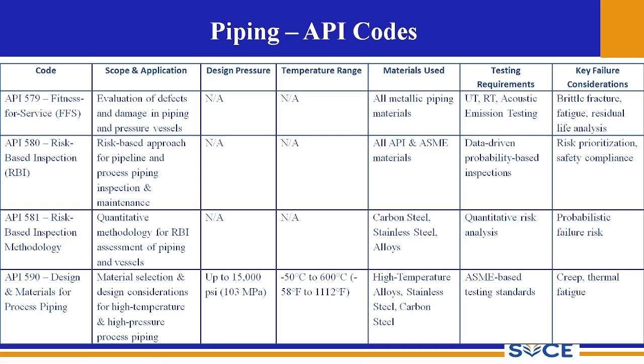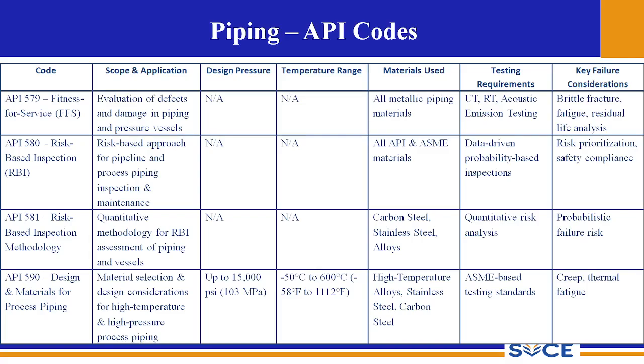That is, we have to analyze what are the risks that are involved while the pipelines are in operation, and based on that risk that may arise during the operation of the pipelines, we need to go for data-driven probability-based inspections. So the failure considerations are safety, compliance and risk prioritization.